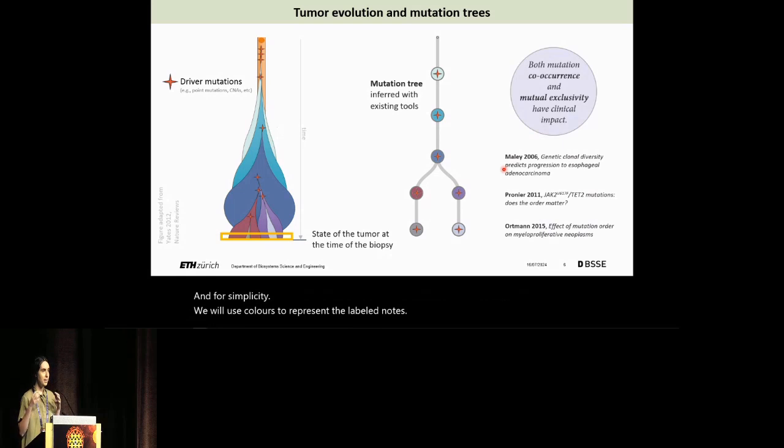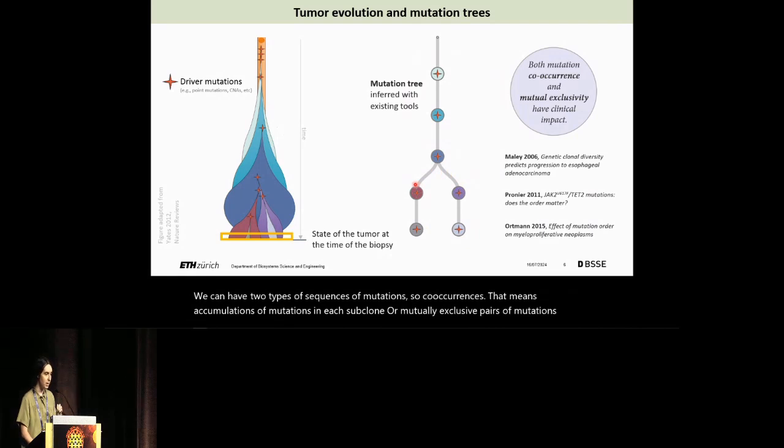So why is the sequence of mutations important? We can have two types of sequences of mutations: co-occurrences, that means accumulations of mutations in each subclone, or mutually exclusive pairs of mutations that occurred independently in distinct subclones. This leads to a branching pattern in the mutation tree.